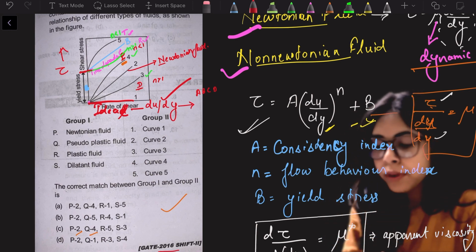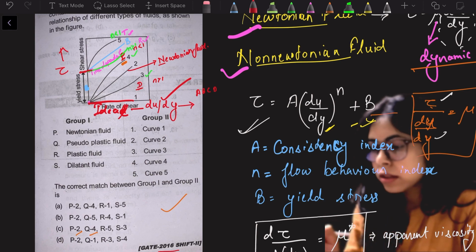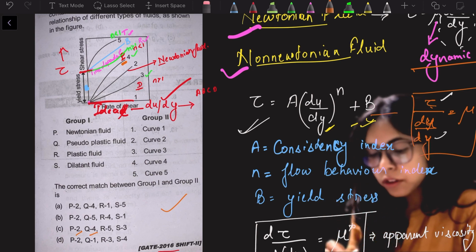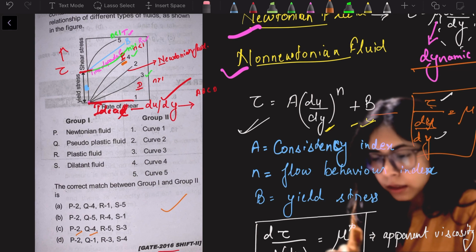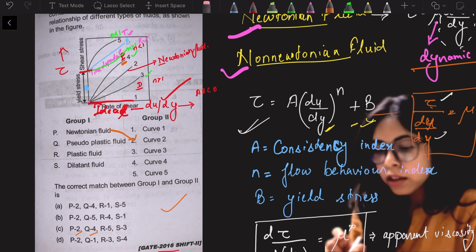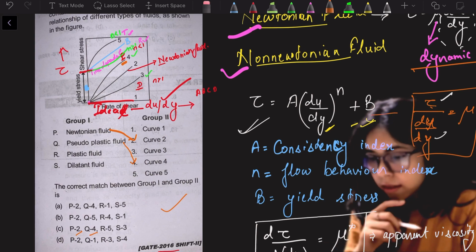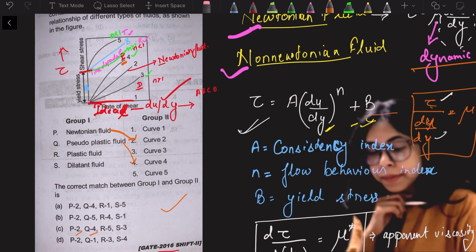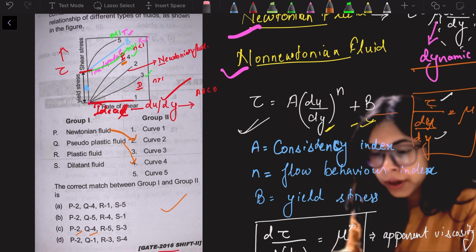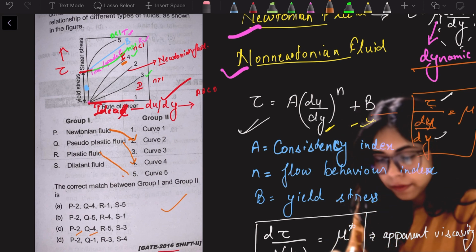So now if we match, we are having Newtonian fluid as curve number 2. Pseudoplastic is curve 4. Sorry, plastic fluid is curve 5. Dilatant fluid is curve 3.